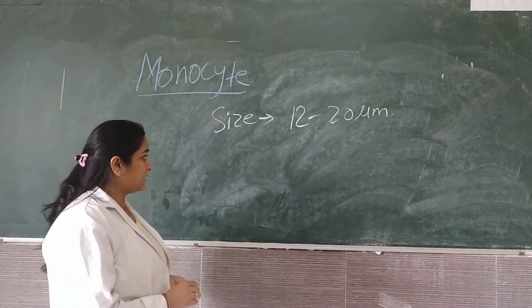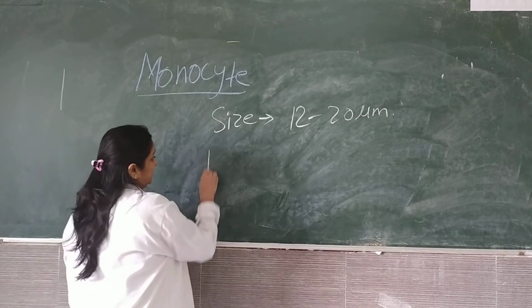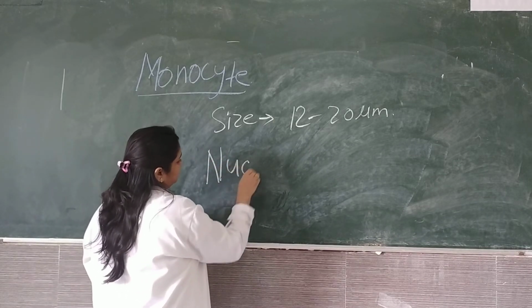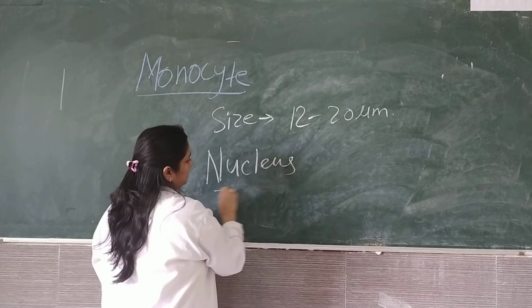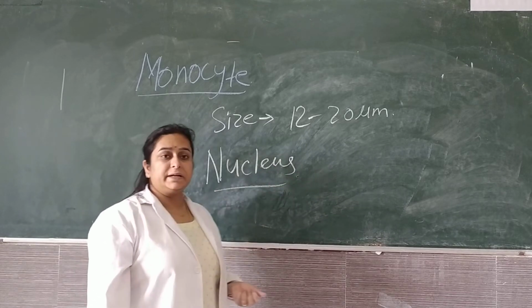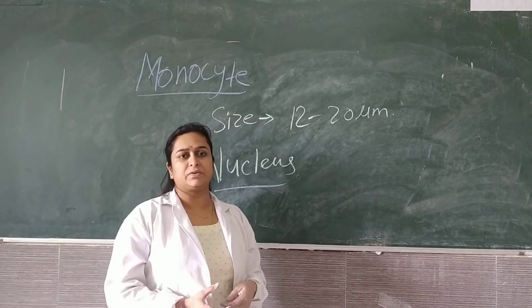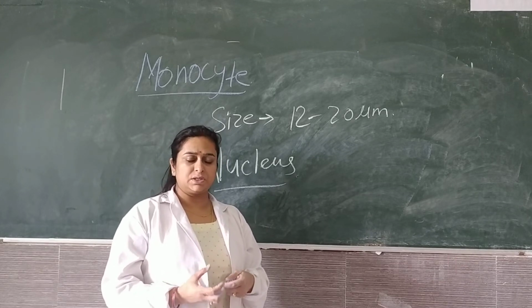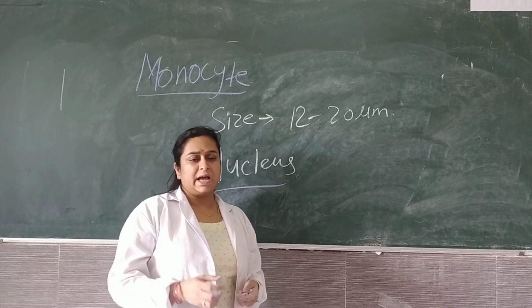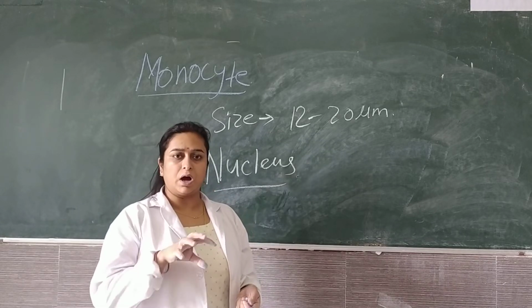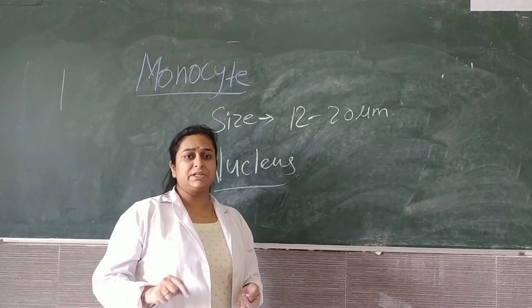And how does the nucleus look? The nucleus is indent. What does indent mean? Indent means towards one side of the cell. The nucleus is towards one side of the cell, and it can be bean shaped, horseshoe shaped, kidney shaped.